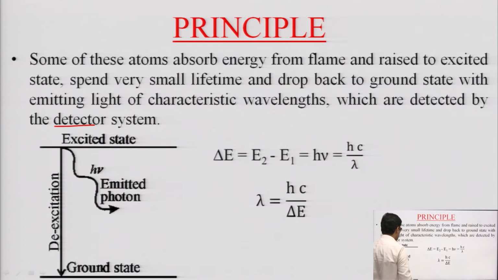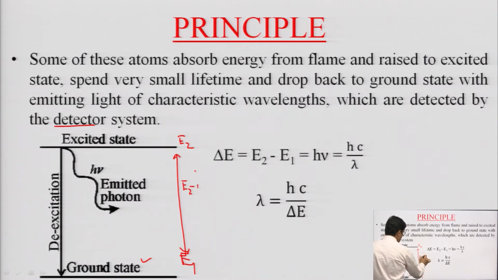This can be well understood by this picture. Here we have the ground state, whose energy can be represented as E1, and on the upper side we have the excited state, whose energy can be represented as E2, and the energy gap between these two, E2 minus E1, is called delta E, which represents the difference of energy between the ground state and the excited state.